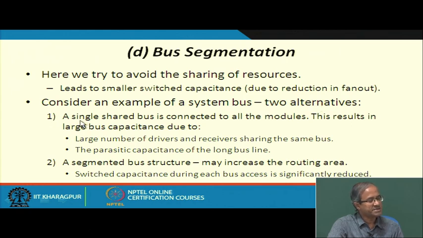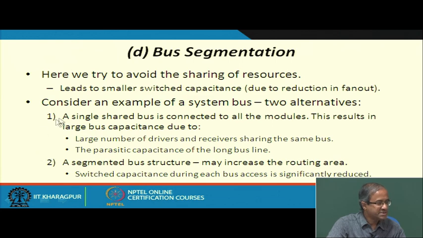First alternative says we have a single shared bus, a single bus which is connected to all the modules. This will result in a large bus capacitance because for each of the modules there will be a driver and receiver, and because there is a single bus, the length of the bus will also be quite long, resulting in larger parasitic capacitance.